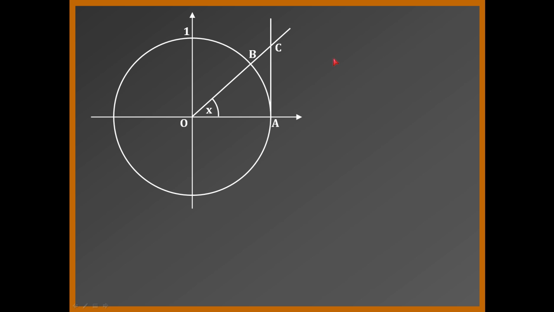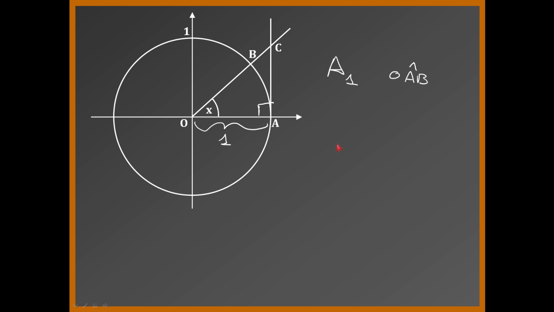The area A1 is the area of the triangle OAC. You should notice that this is a right triangle, since the segment AC is tangent to the circumference. Moreover, by definition, the length of the base of this triangle is 1.